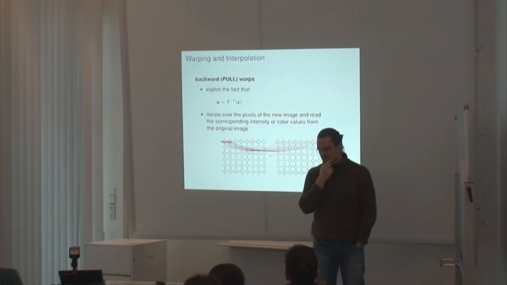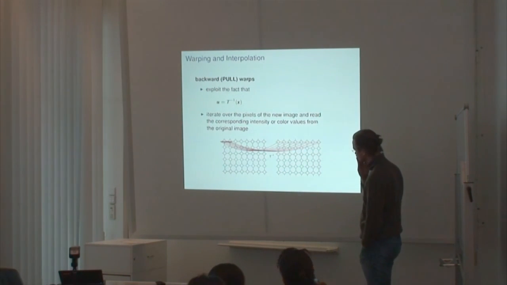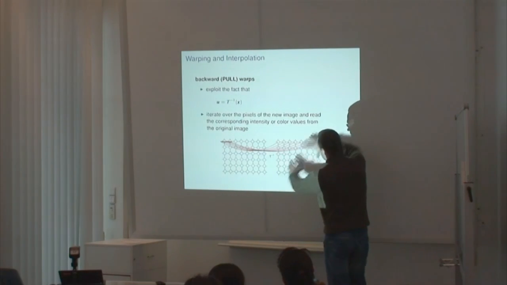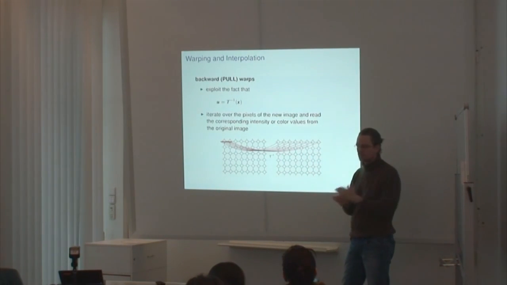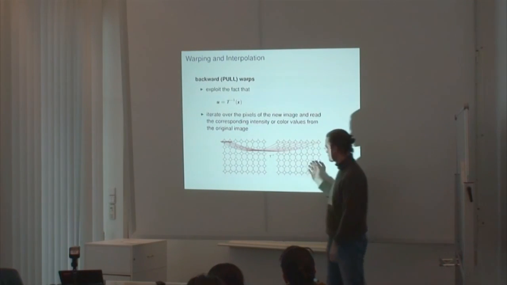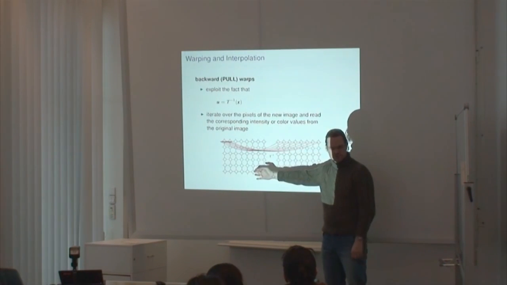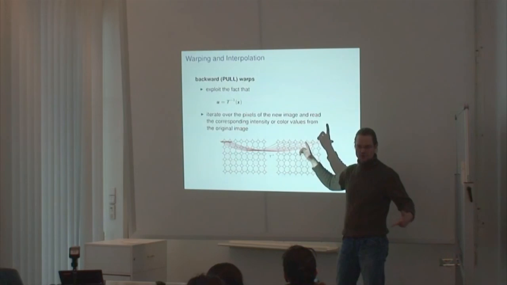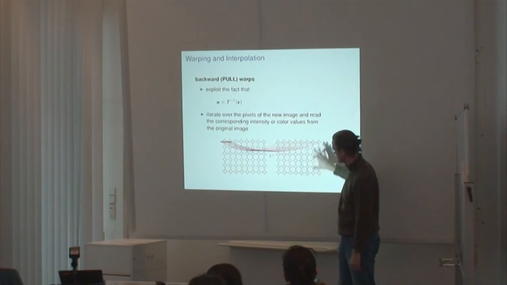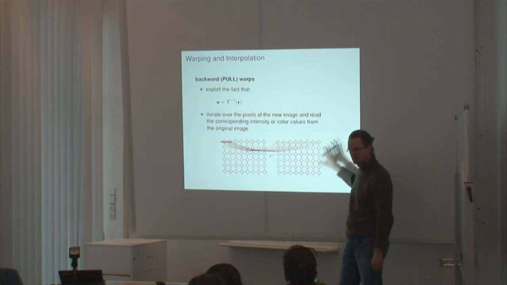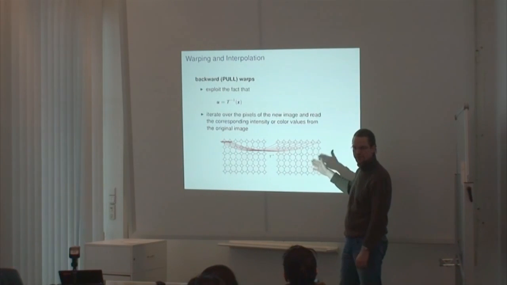This has the additional advantage that the size of the new image can be chosen arbitrarily. Right? We can choose it to be of the same size as the original image, smaller, or larger, it doesn't matter, because if we iterate over all the pixels in this new image, we are guaranteed to be able to compute an intensity or color value for each pixel here.